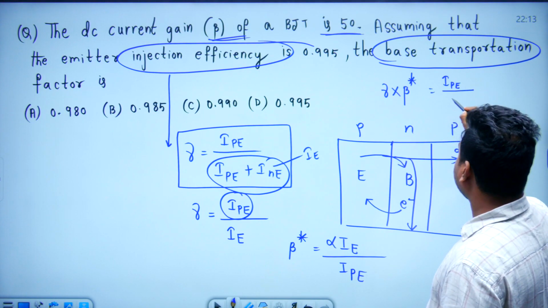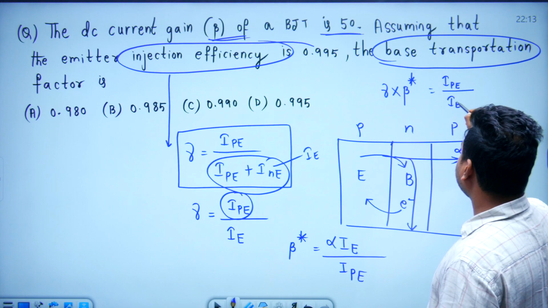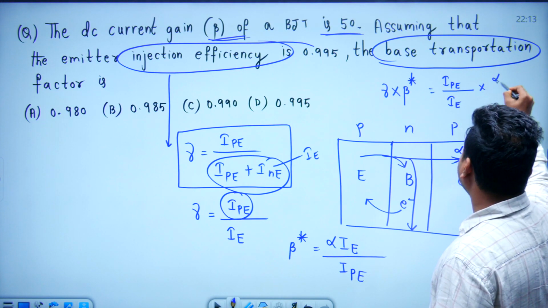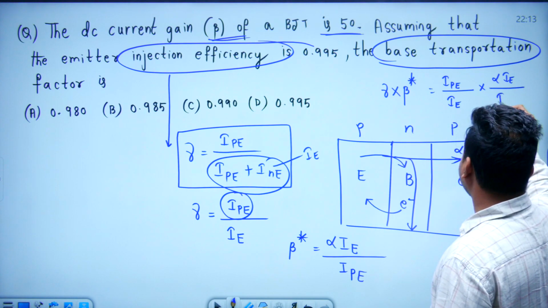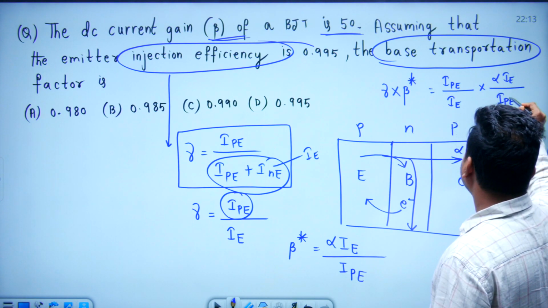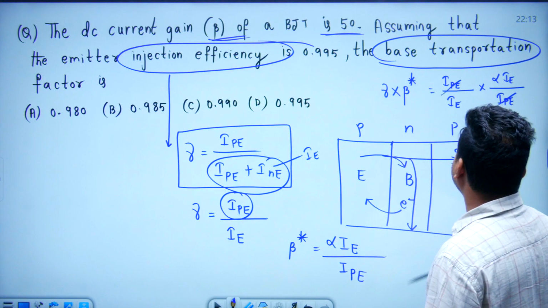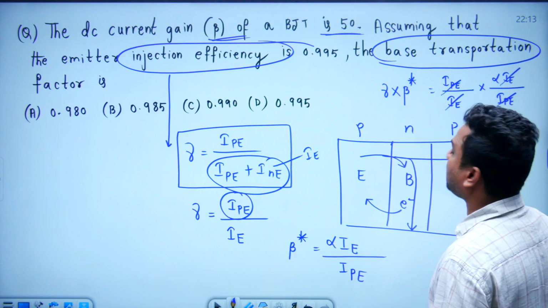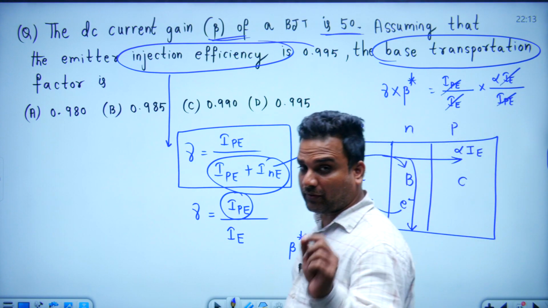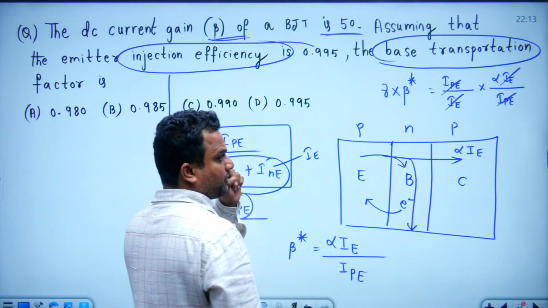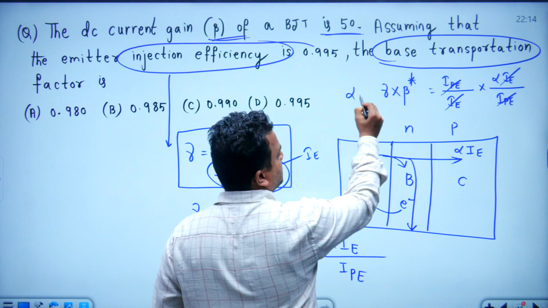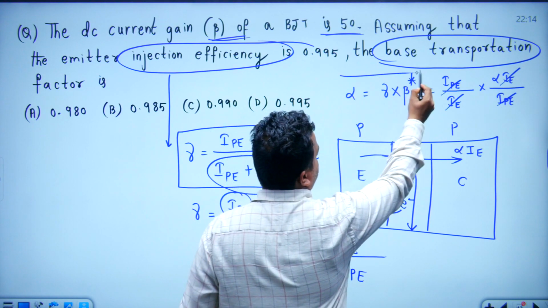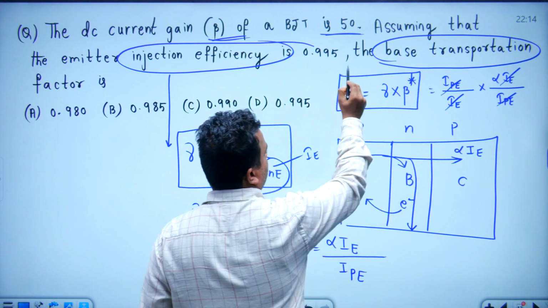IPE gets cancelled, IE gets cancelled, we got alpha. So remember, alpha is equal to gamma into beta star.